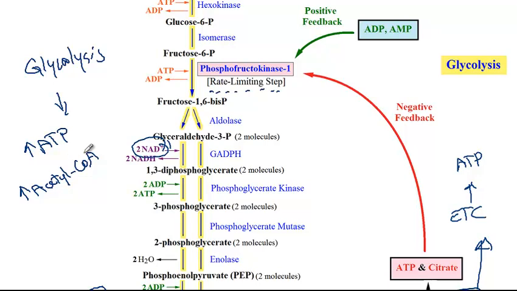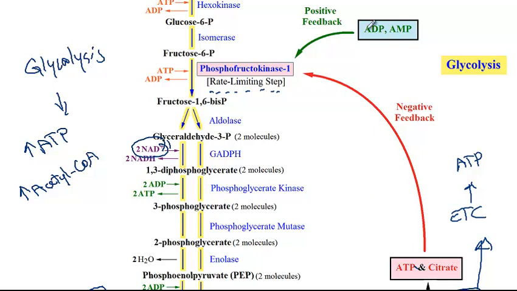So if we have a high level of ATP or high level of citrate, it means that we've already got enough energy going on. There is no point for glycolysis to keep going. And so that's why these two molecules, ATP and citrate, have a negative influence on phosphofructokinase. They would downregulate it, so glycolysis rate will slow down, so we don't get as much ATP and citrate anymore.